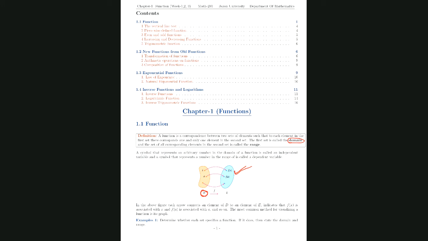Now look, the output set E is called the codomain. This is the codomain, right? E is the codomain, and this set D is called the domain.